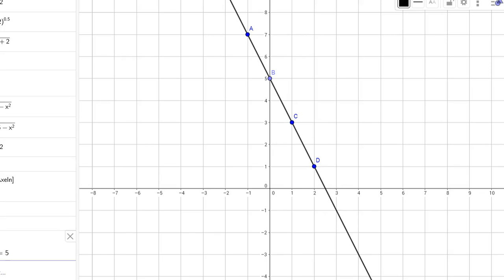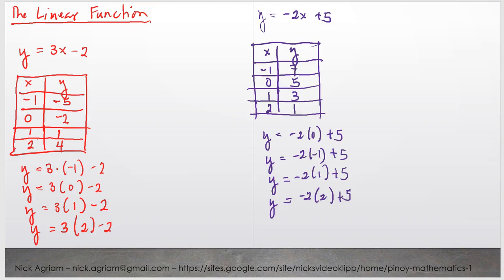Now, the difference between this line, the black one that I just did, and the green one is that the green one increases. The black line decreases. Why? You can see the answer here. When this one is positive, then it increases.